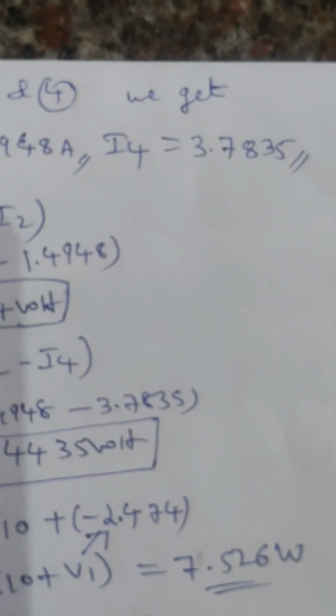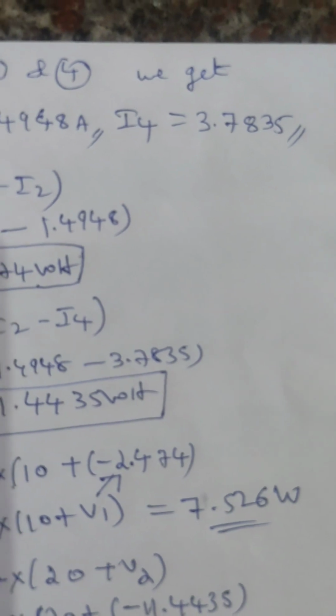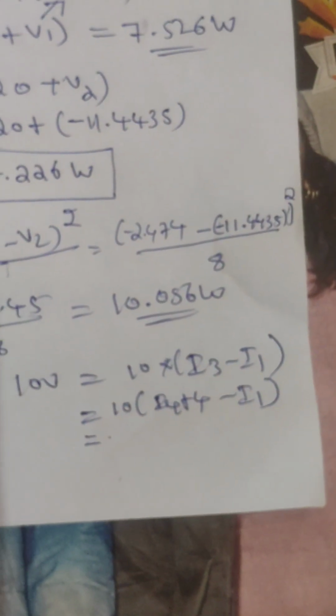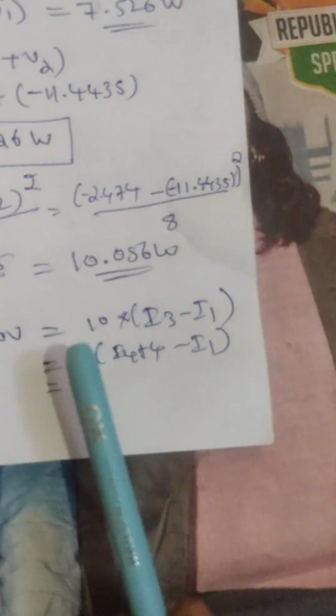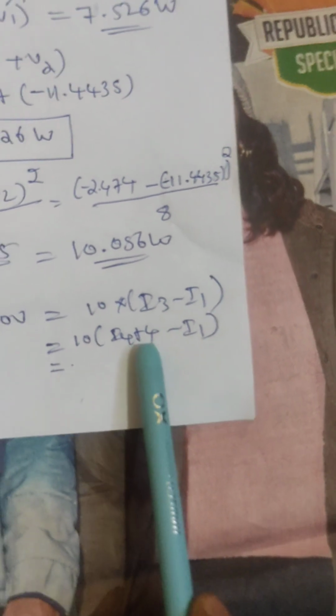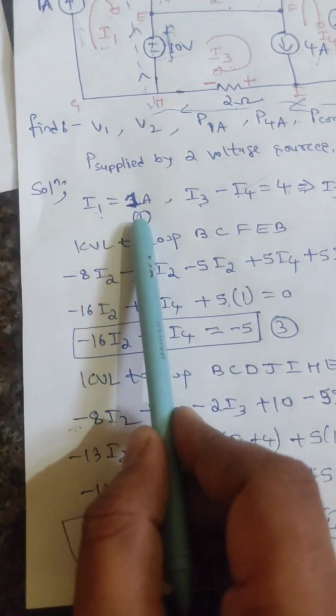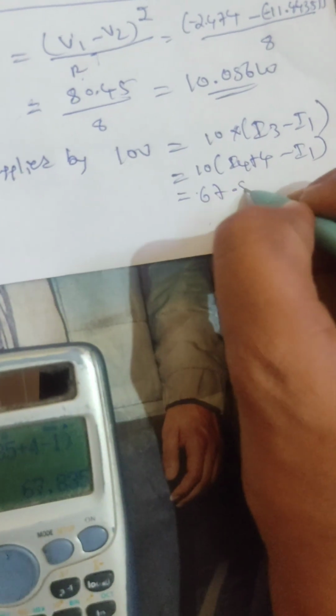I4 is 3.7835, plus 4, minus, what is the value of I1? 1 ampere. So I4 is 3.7835 plus 4 minus 1. By doing all that in the calculator, we got 67.835 watt power supplied by the 10 volt source.